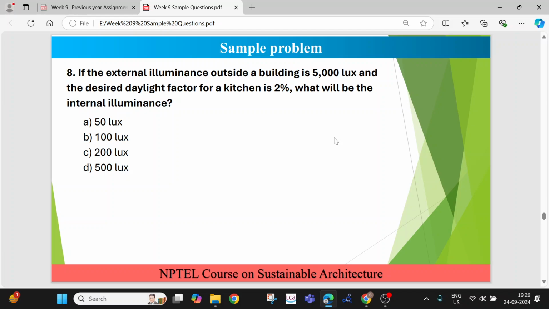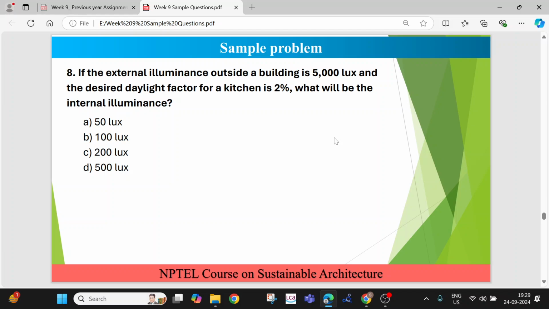If the external illuminance outside a building is 5000 lux, this is a numerical type of question, and this example was given in the lecture slides as well as in the assignment. One of the questions similar to this was asked. So I hope if you have gone through the lecture slides and solved the assignment questions, you will be able to answer this question also.